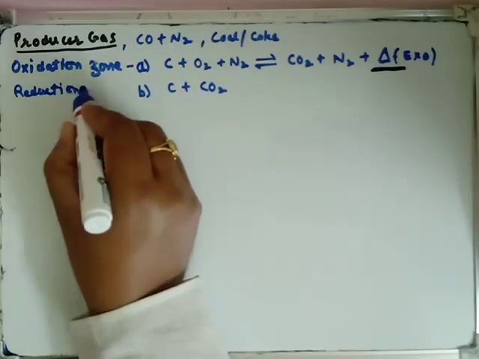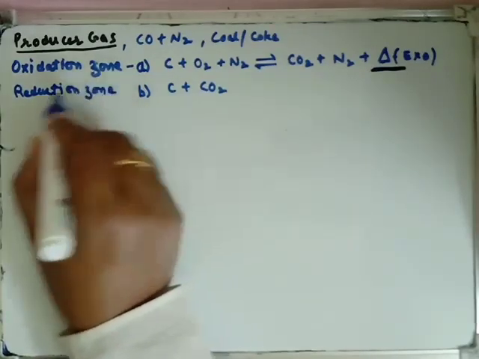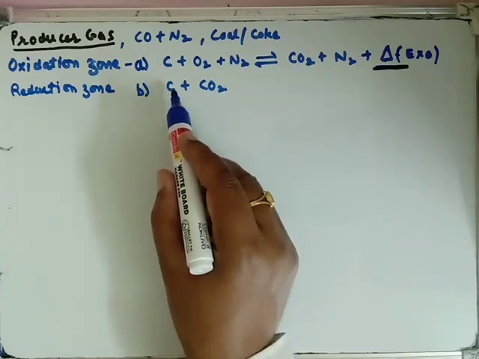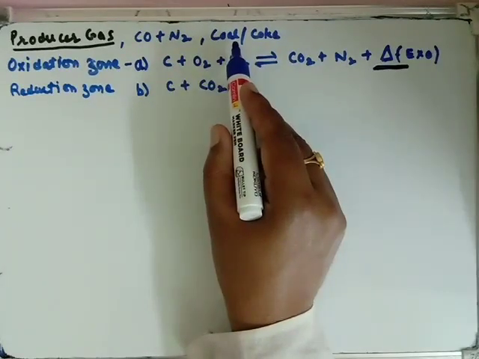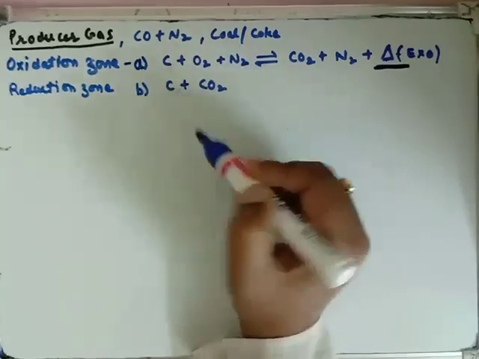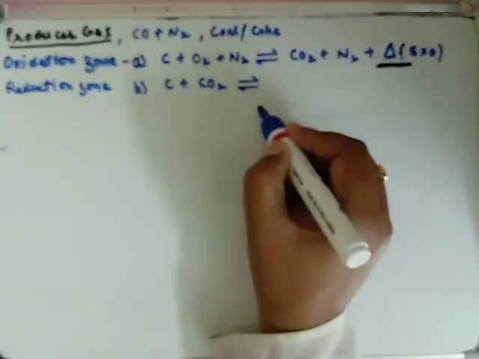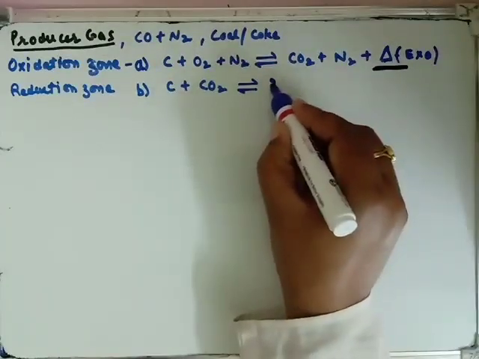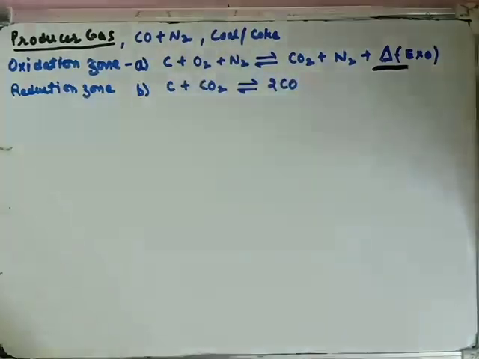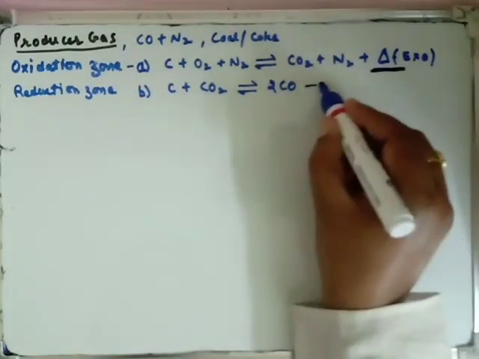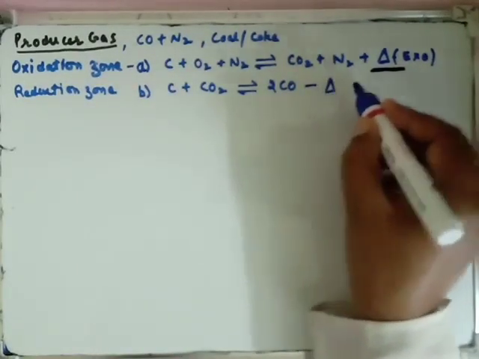Now here, do not confuse one thing: carbon is present everywhere in the gasifier due to the presence of coal and coke. We are considering coal and coke as the source of carbon, right? Carbon dioxide reacts with carbon to form two molecules of carbon monoxide, and the reaction is endothermic in nature.